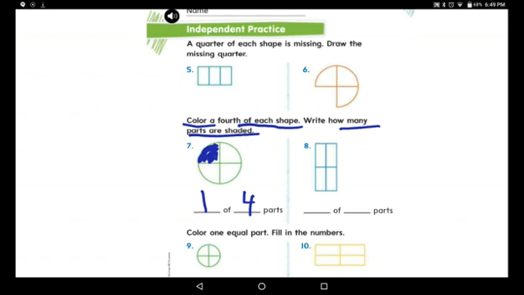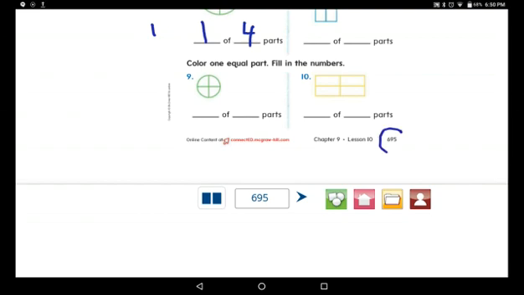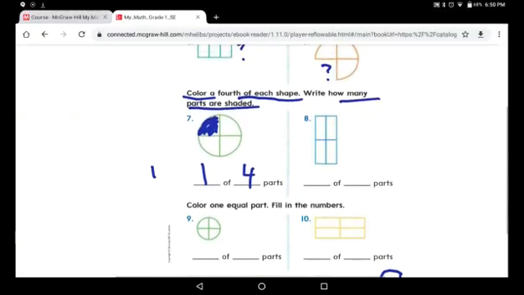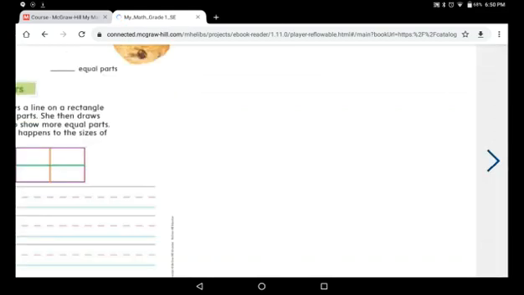Okay? Now, don't forget the first one is to draw the part that is missing here. Okay? You need to draw it. When you're done with this page, guys, page 695, please send me the picture and go to the next page.